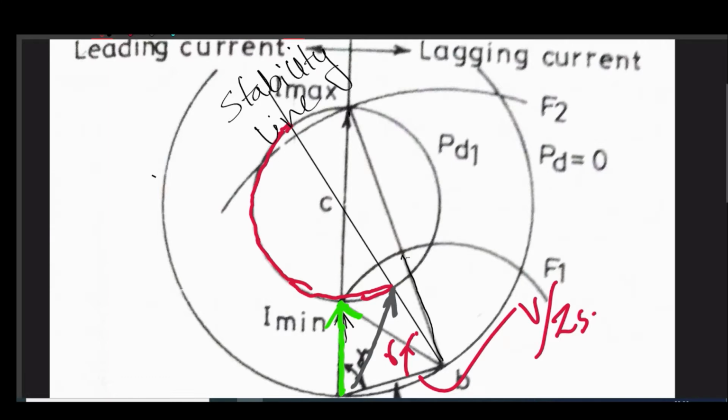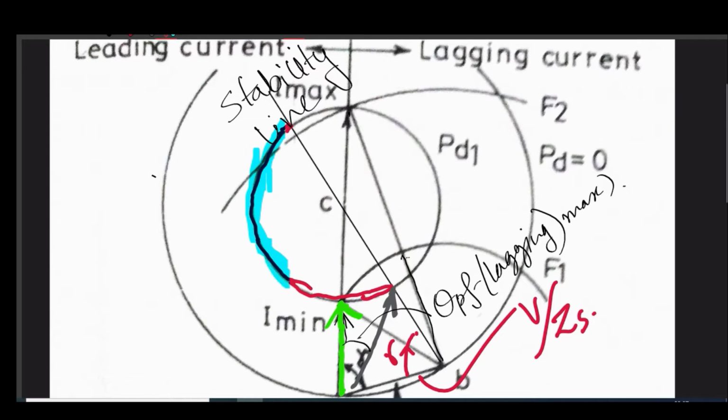So this is the maximum lagging power factor that we can have, and this entire region we are having for leading current.